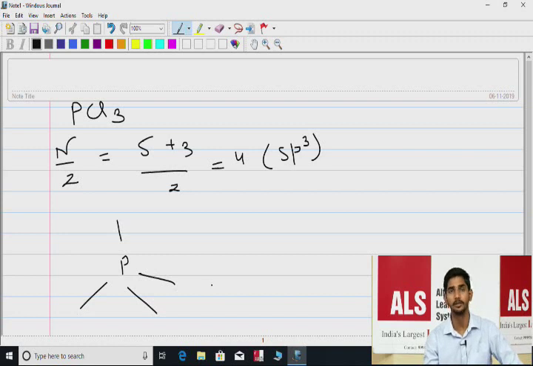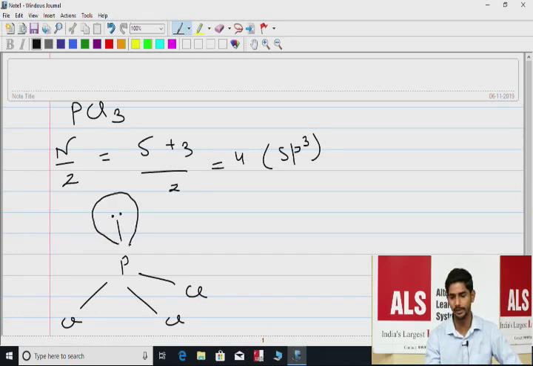After that, at the 4 positions, I'll put the atoms. Here there are only 3 atoms, so I can use only 3 positions. So 1, 2 and 3. And the remaining position where we can't put any atom will become the lone pair. Okay? And the name of the shape is trigonal pyramidal.